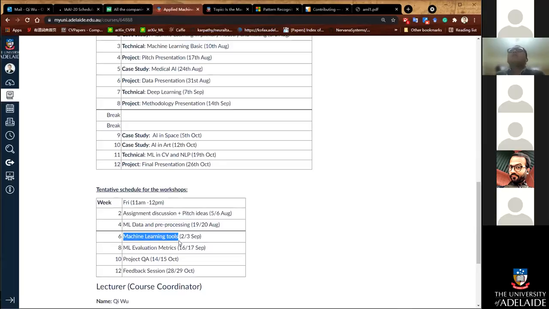I'm not sure how many of you know BERT, which is a very famous language model. Currently, if you want to use that, you definitely need to use deep learning tools. So we introduce PyTorch and TensorFlow.